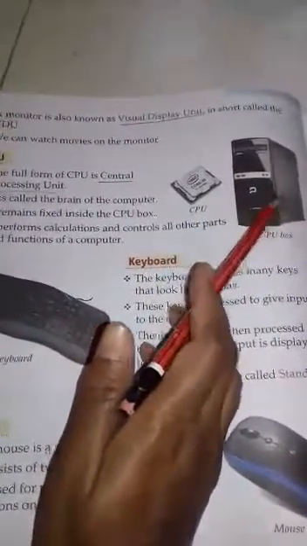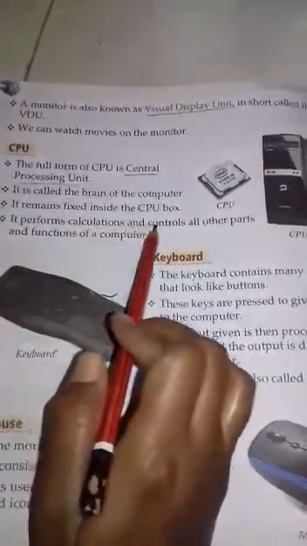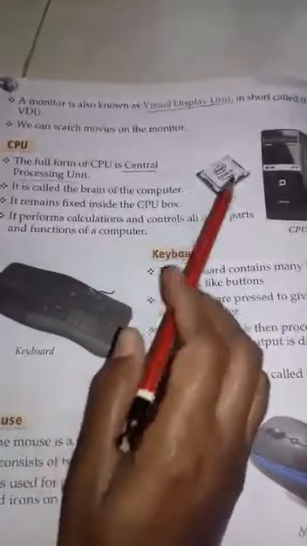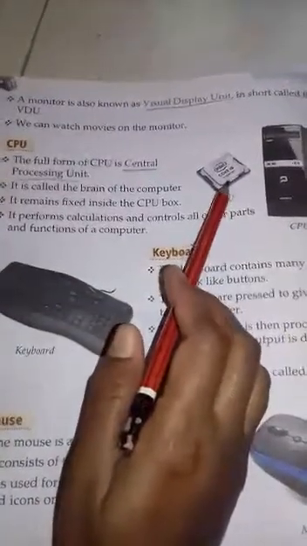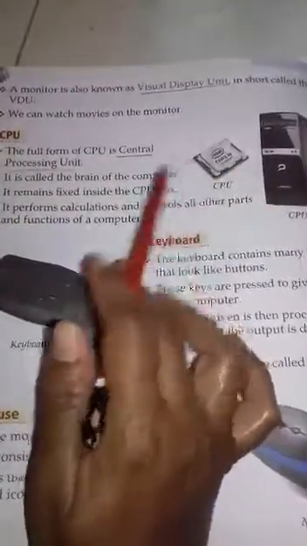It is fixed inside the CPU box. It performs calculations and controls all other parts and functions of a computer. So what is its work? It performs calculations and controls other parts.